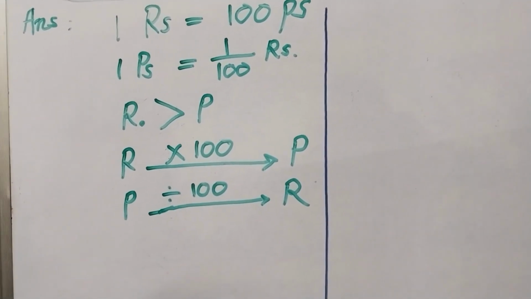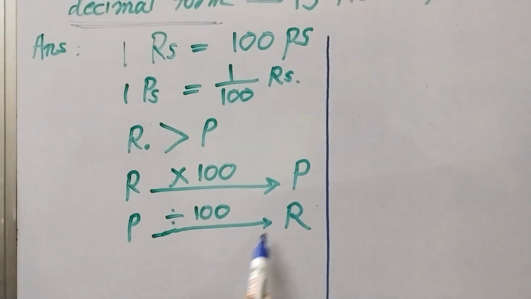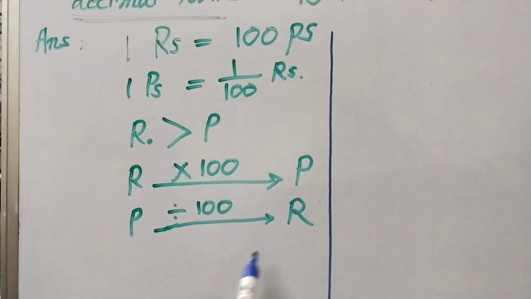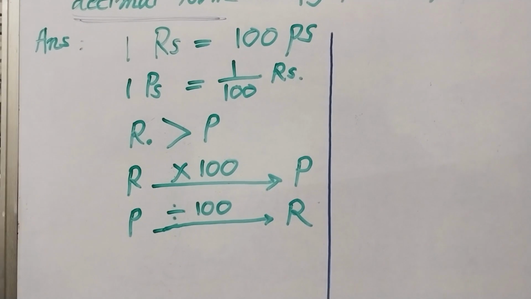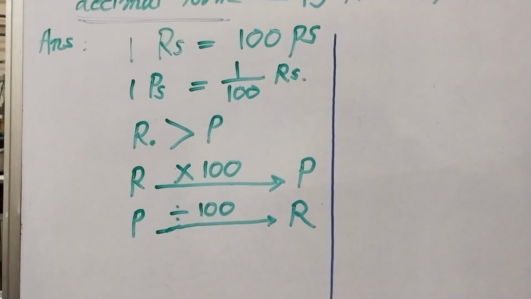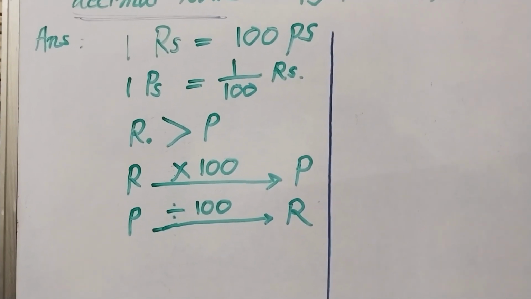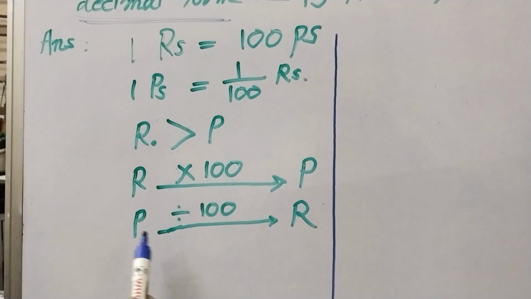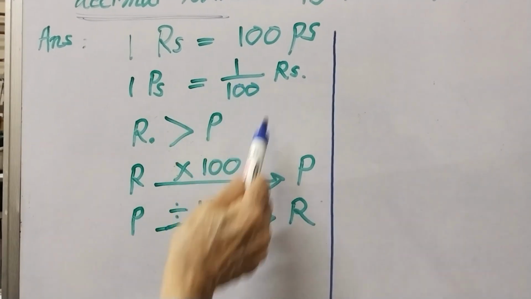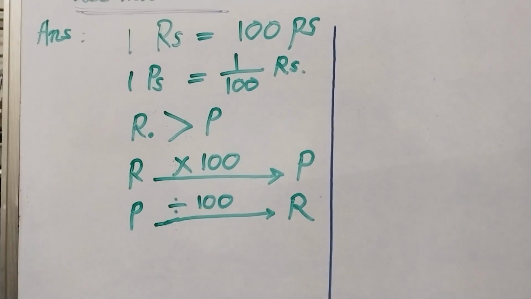Now, why am I repeating all these things again and again, Rani? Because it should become a part of your mind processes, so that after some time, due to practice, you don't have to write all these things in your answer book.